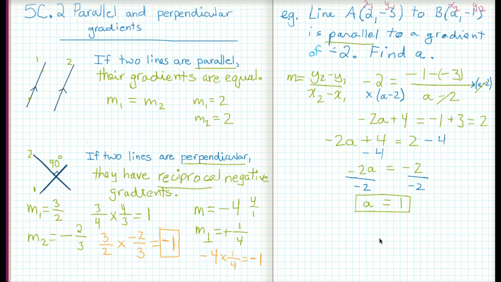Okay, I'm going to do one more problem with a perpendicular line. In this line, we're going to join 2 points. Let's call them D and C this time. D is from negative 1 to negative 3.